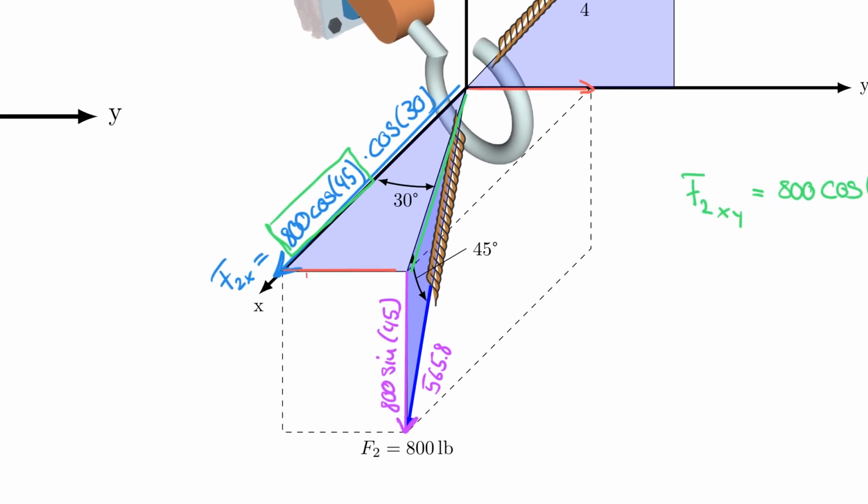So let's do that. So the value here would be F2y, which would be equal to 800 times the cosine of 45, multiplied now by the sine of 30. And that value will give me F2y.